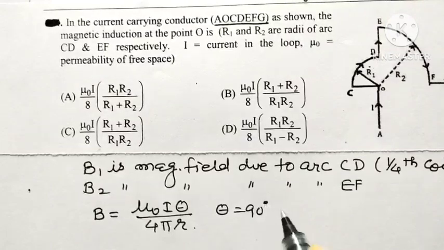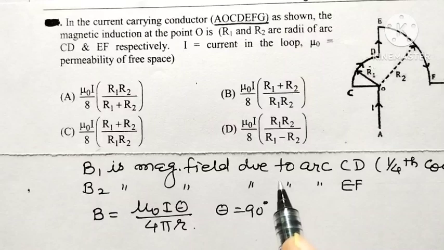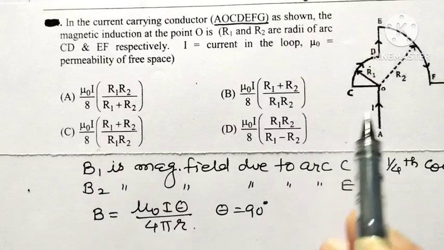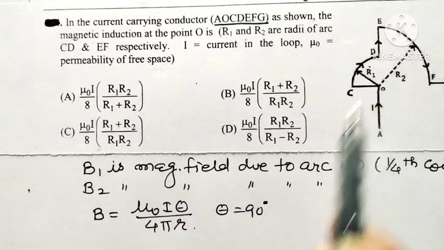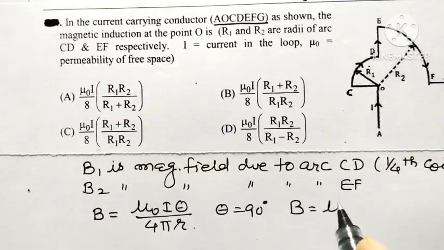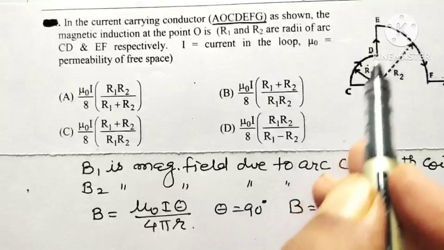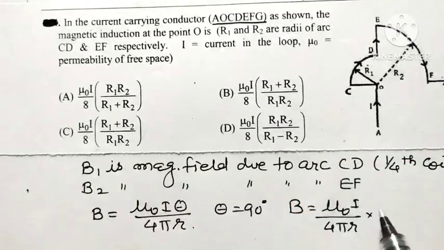90 degrees. So any 1/4 of a coil produces a magnetic field at its center, given by B is equal to mu 0 I divided by 4 pi r into theta. For a quarter circle angle theta is 90 degrees, which means pi by 2.